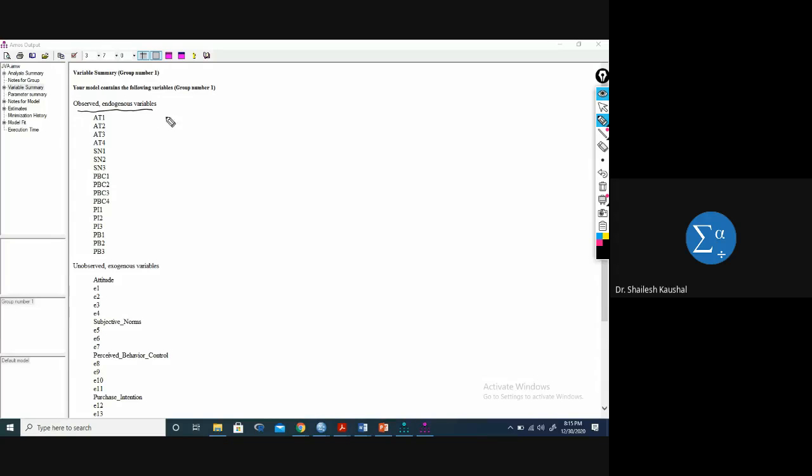Why endogenous? Because there is an arrow from the construct to these questions, okay, the arrow. The term observed means we can see the arrow.